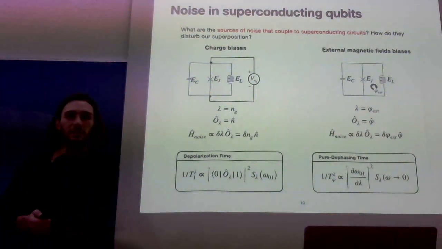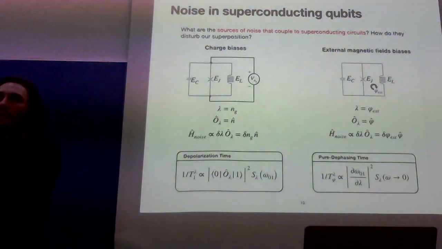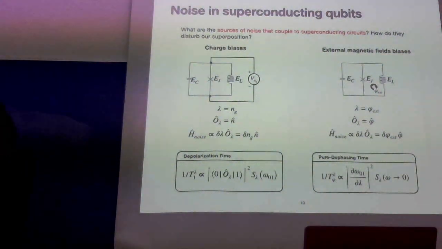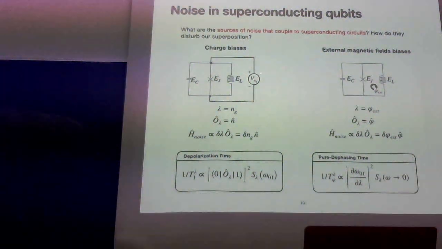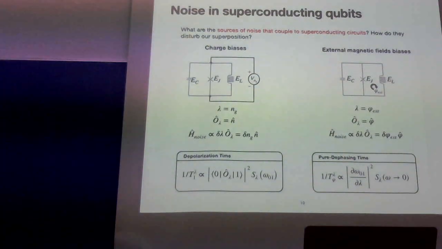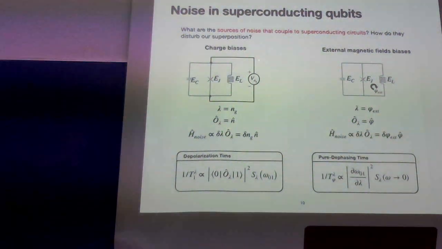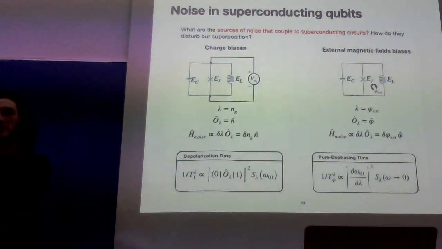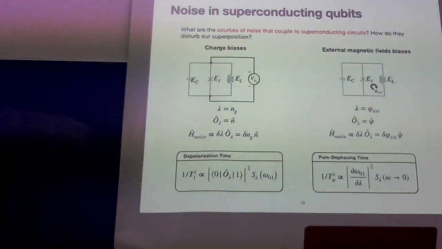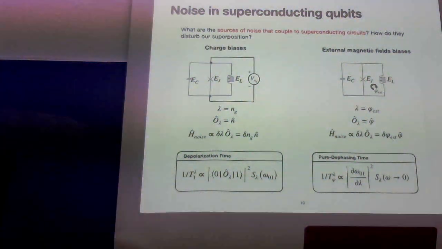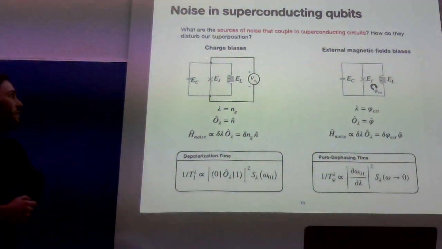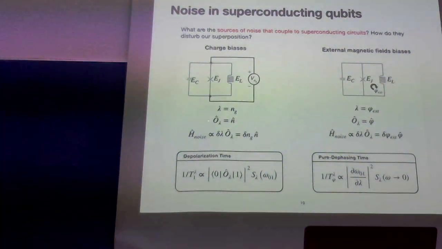We have these time scales, but how are they defined and how are these time scales related to the errors that affect our qubit? The main errors that affect our superconducting circuits are essentially these ones: charge bias and external magnetic field bias. These are the external effects that I've already mentioned before. We have this charge bias.